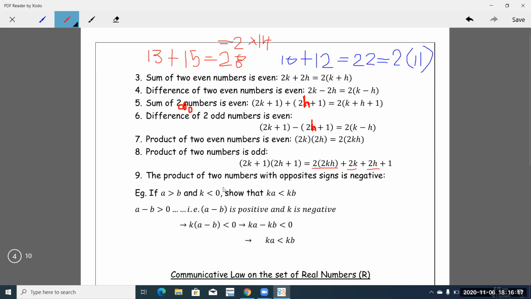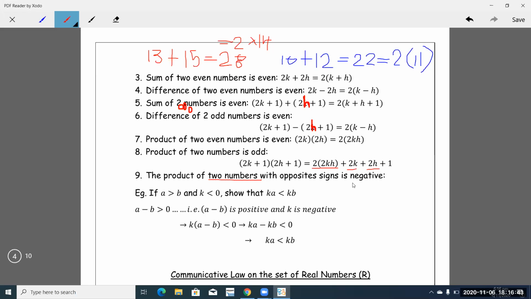They said to show that the product of two numbers with opposite signs is negative. So what that means is they're telling us that when you multiply a positive number times a negative number, the result is negative. So positive times negative gives us a negative result. All right, so that's cool?